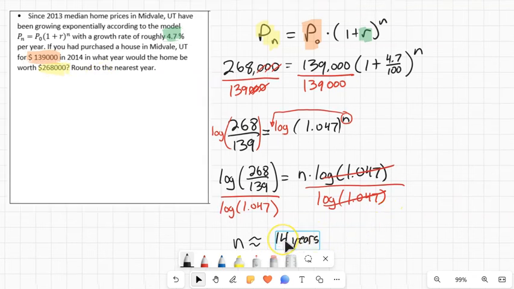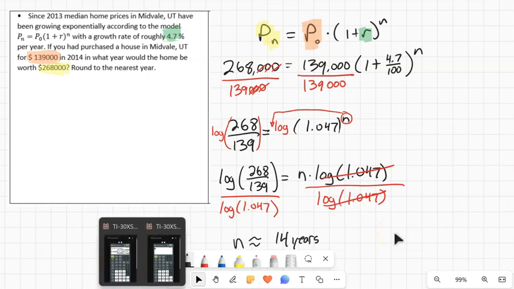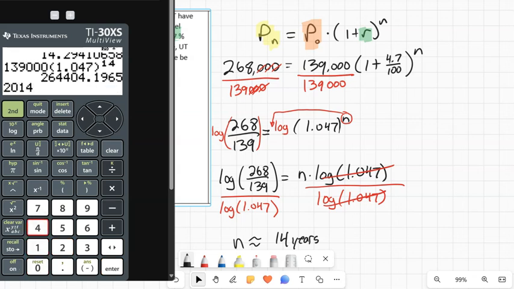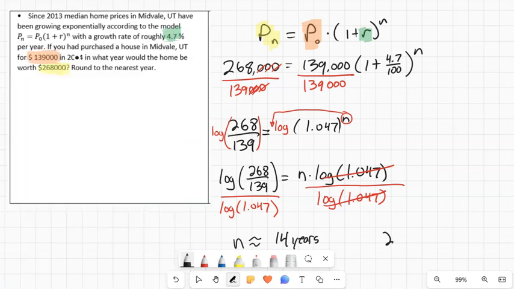Now that we know that 14 is about what we wanted, we need to read that it says in what year would the home be worth, not how many years. Because it says in what year, we want to go back to the starting year of 2014 and add the 14 to that, and see that the year is actually 2028.